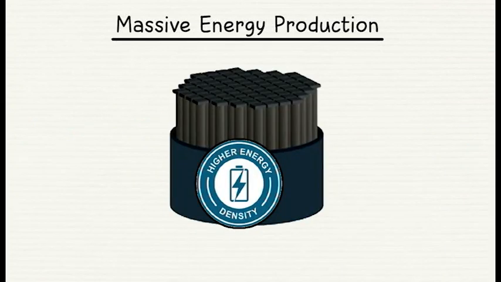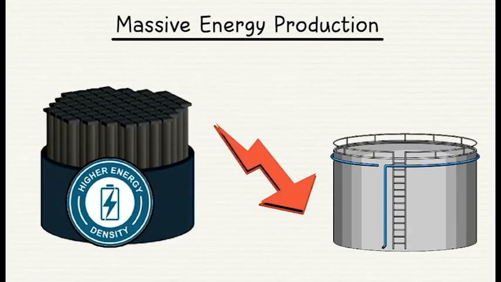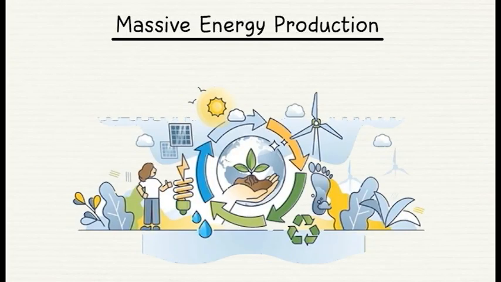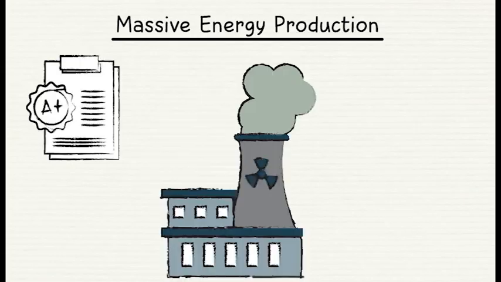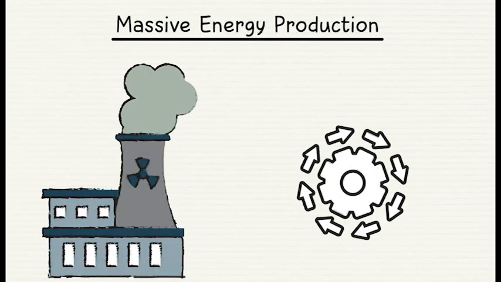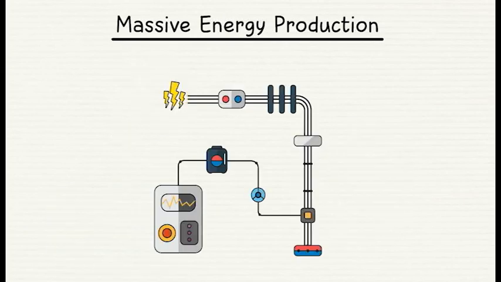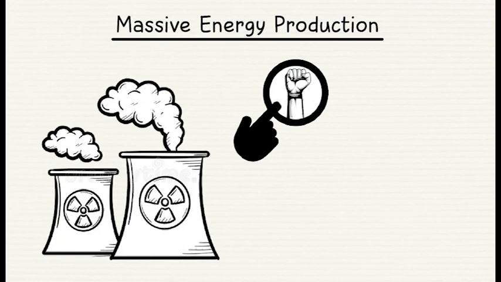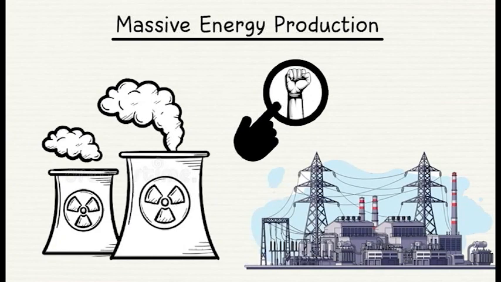This high energy density reduces the need for large fuel storage and frequent transportation, lowering overall resource consumption. As a result, nuclear power plants can operate continuously and reliably, providing stable electricity to meet growing energy demands. This efficiency makes nuclear energy a powerful option for large-scale power generation.